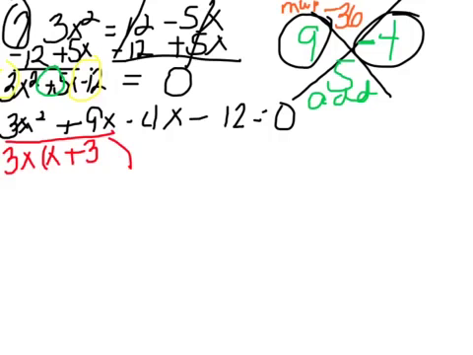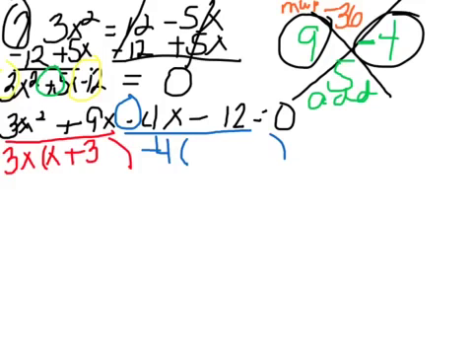Now I'm going to come down here and group these two together. All right, notice there's a subtraction sign there. Anytime you factor by grouping and you have a subtraction sign between your second and third term, between your two groups, you factor the negative out. You can look at it as dividing by negative 1, and that's really helpful. That's what I like to do. All right, so I also notice that both of those terms have a 4, so actually what I'm going to do is turn that negative 1 into a negative 4.